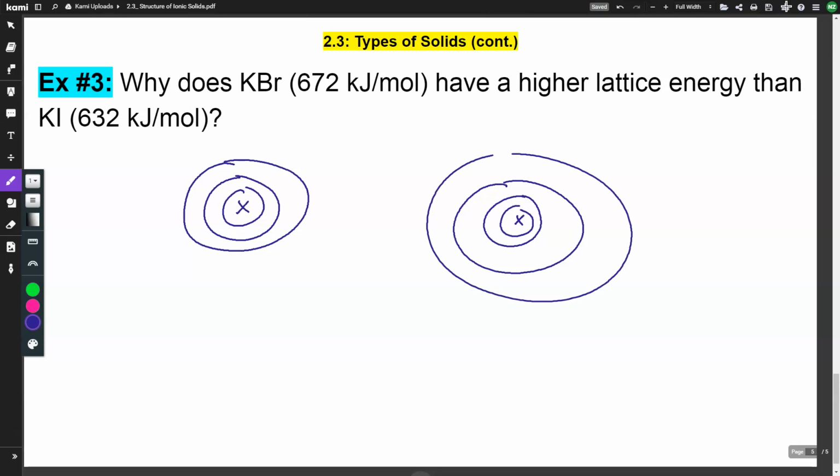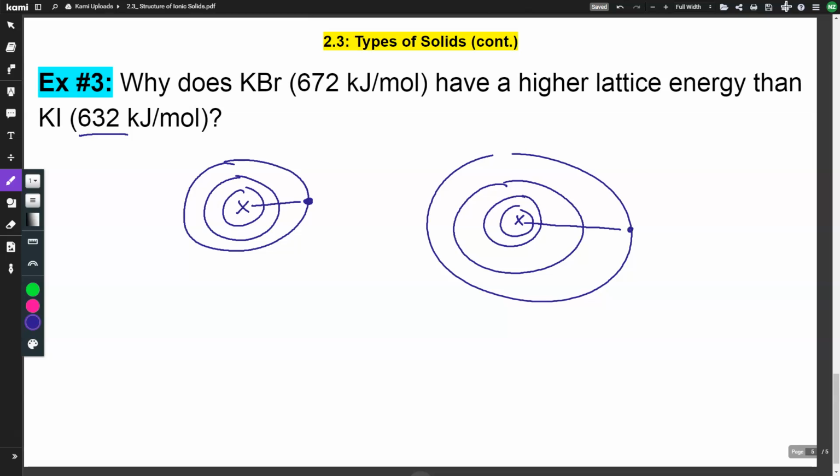So the lattice energy between potassium and iodine is lower because your valence electrons are a lot further away. There is less of an attraction between the nucleus and those valence electrons. Whereas with both potassium and bromine, you have a shorter distance between the nucleus and the valence electrons.